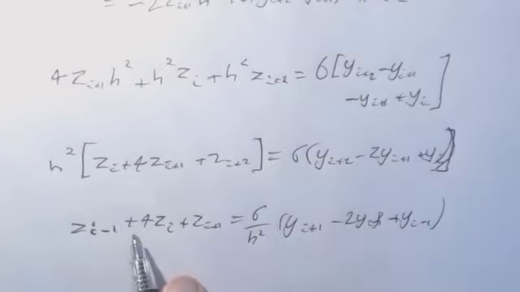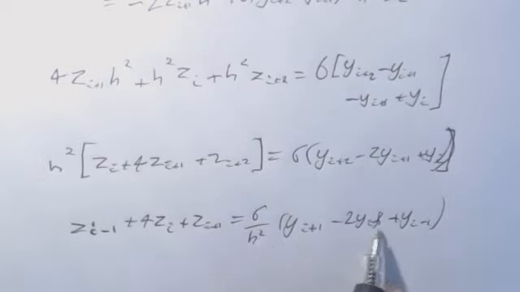So z_i-1 + 4z_i + z_i+1 equals 6 over h^2 times (y_i+1 - 2y_i + y_i-1). And this was supposed to hold for i from 1 to n-1.